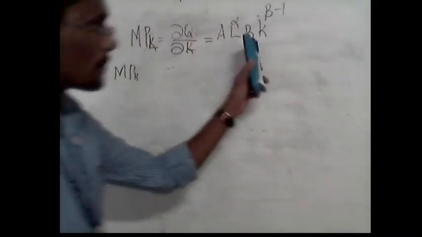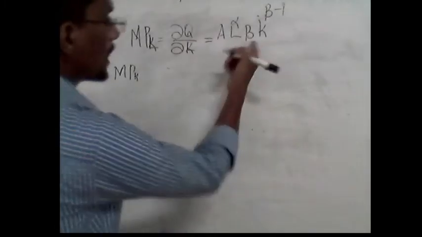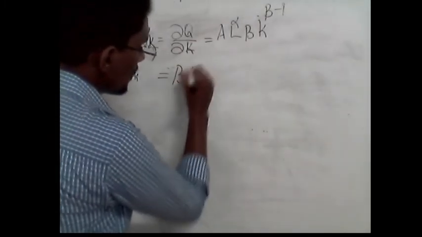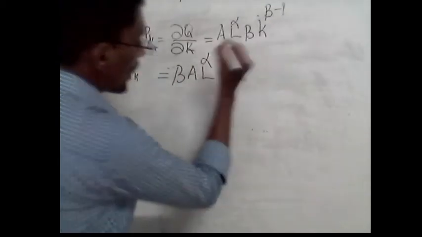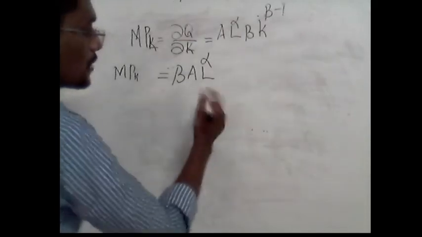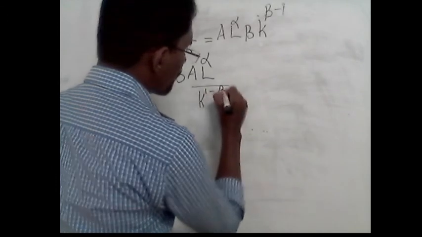Here we are differentiating the original production function with respect to capital itself, and thereby this will be equal to A L raised to alpha beta K raised to beta minus 1. This beta can be taken in front, beta A L raised to alpha, and K raised to beta minus 1 can be taken as a denominator, which becomes K raised to 1 minus beta.